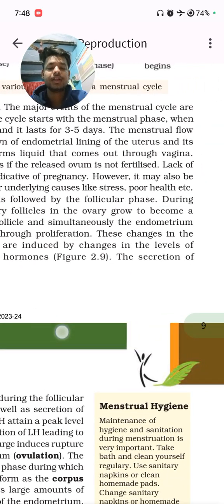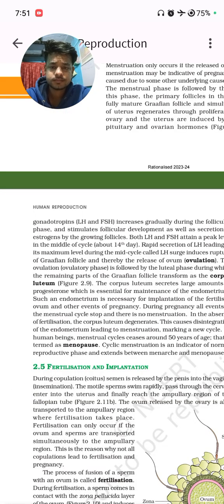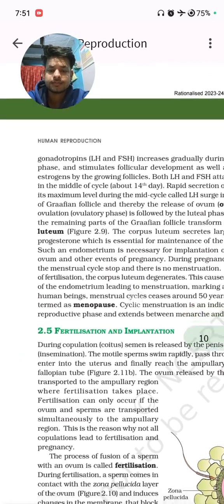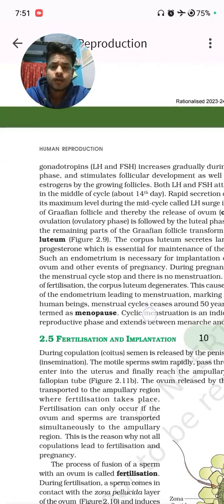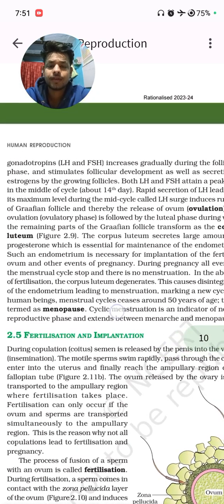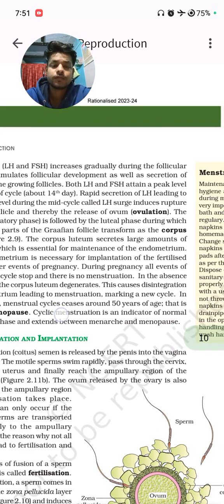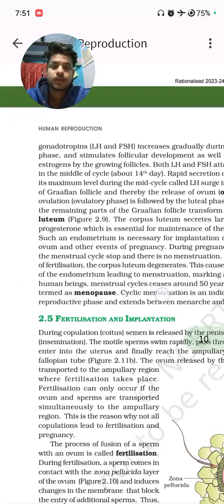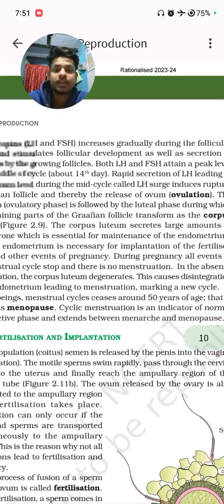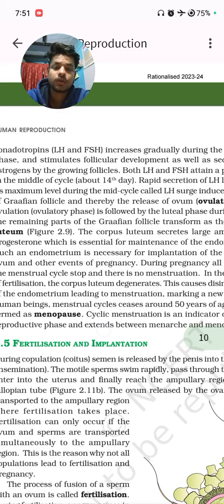Figure 2.9. The secretion of gonadotropins, LH and FSH, increases gradually during the follicular phase and stimulates follicular development as well as secretion of estrogen by the growing follicles.